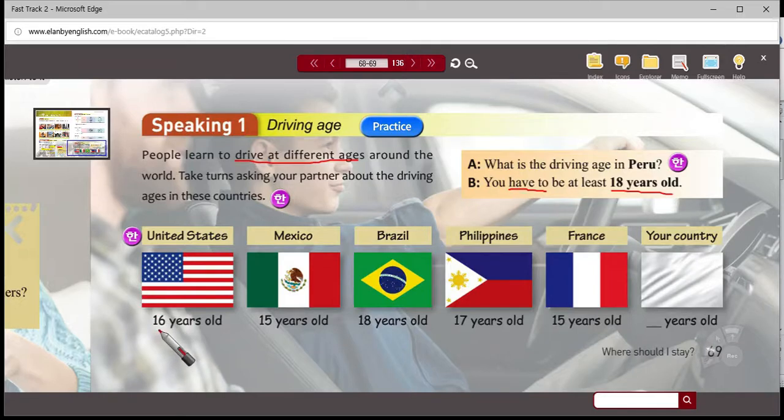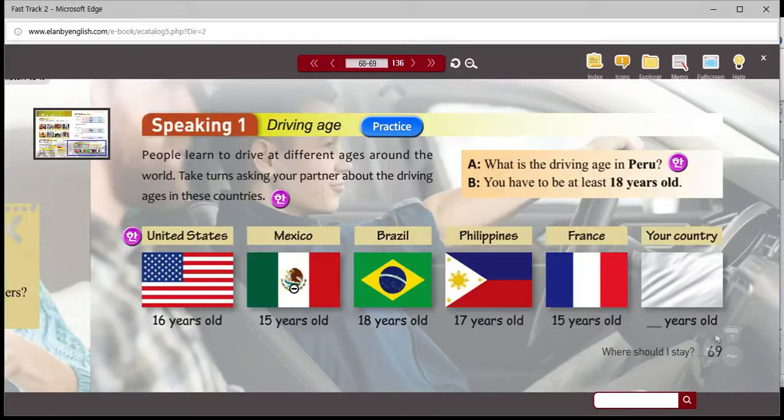The answers to the questions are all listed at the bottom here. I guess for your own country, you can write that in. Okay, so one partner will ask, the partner will answer. You can switch every country, and if you're studying alone, you can ask and answer for each country. Okay, and then we'll come back here when you've finished, and we can review together.